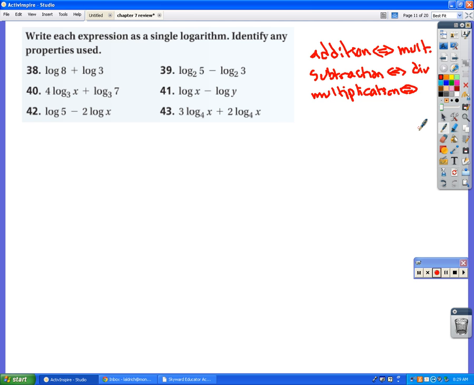Exponent. Multiplication is the same as an exponent. What I mean is if you have 3 log x, you can write that as log x to the third. Those two things are the same.